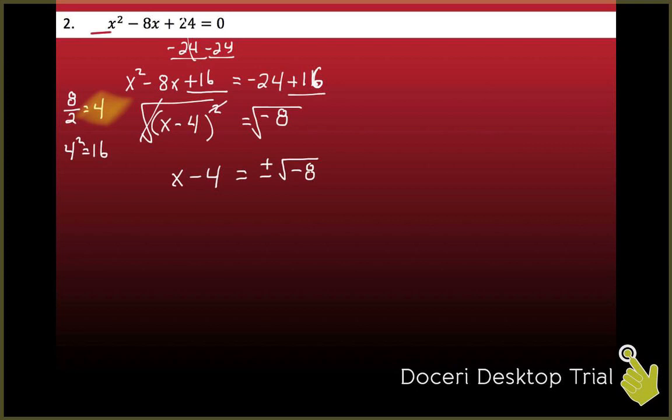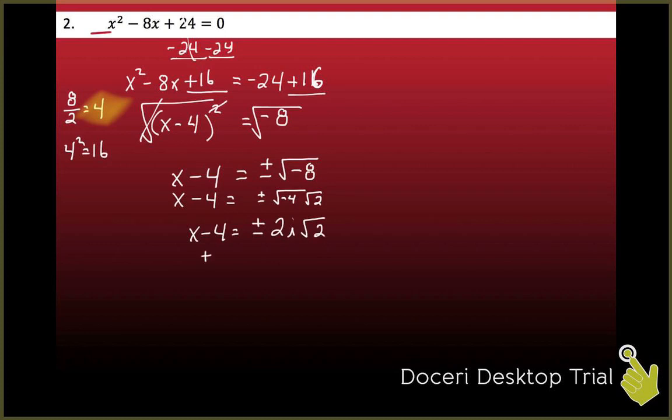Well, negative 8 can be simplified down into the square root of negative 4 and the square root of 2. So we have plus or minus now. So x minus 4 is plus or minus, the square root of negative 4 is 2i, and then we have a square root of 2 on the end still.